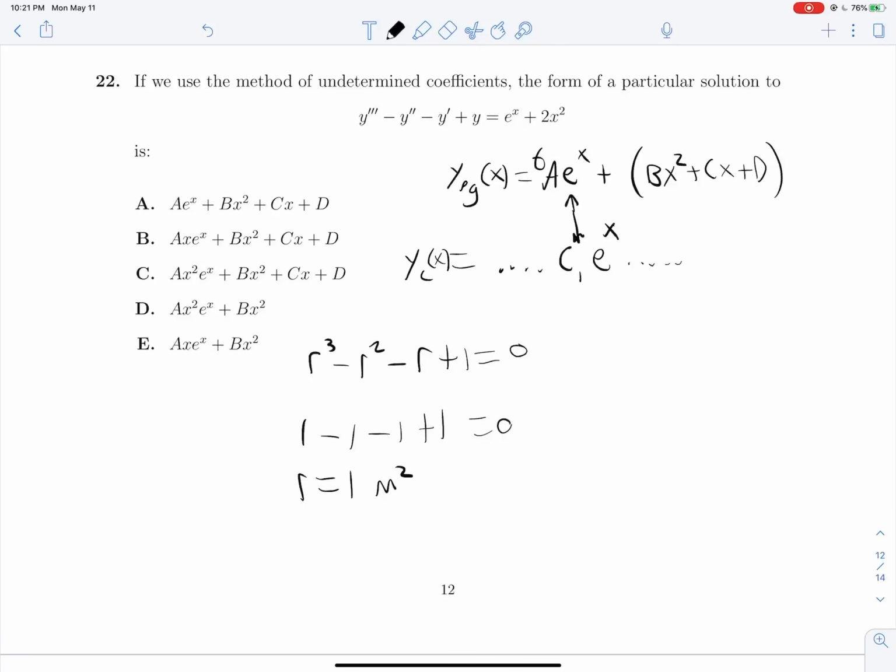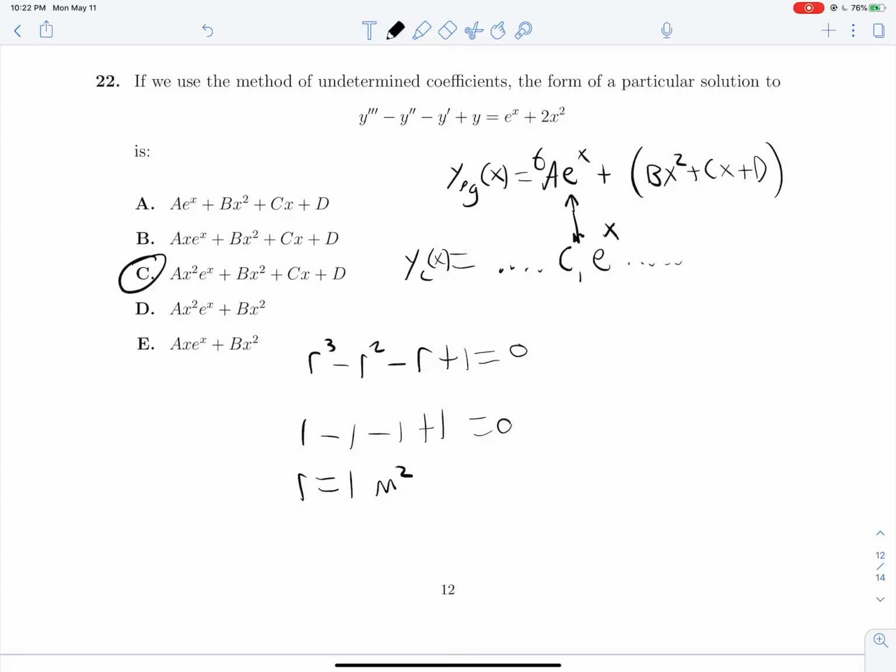Yeah, it's a helicopter, I think. r equals 1 has a multiplicity of 2, which means our answer is C. How, without factoring that, how do they want us to figure that out? I'm not sure. I really have absolutely no idea.